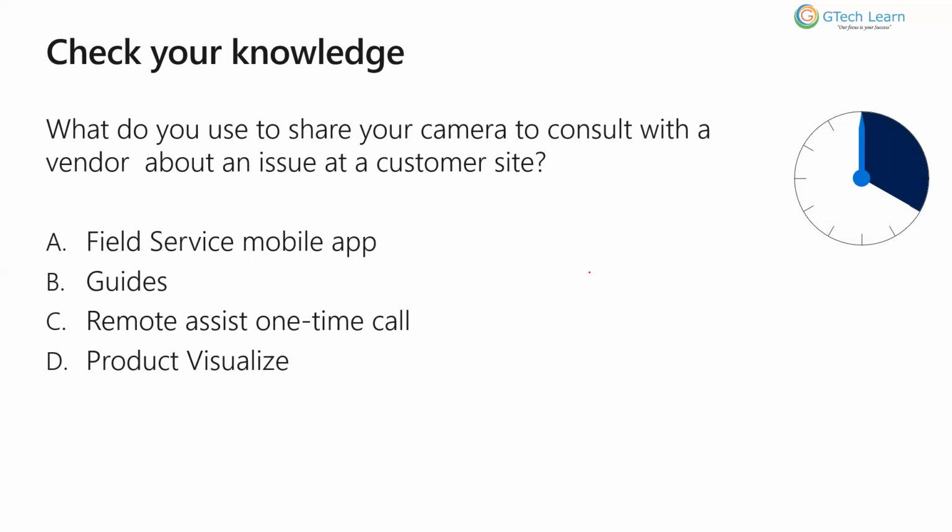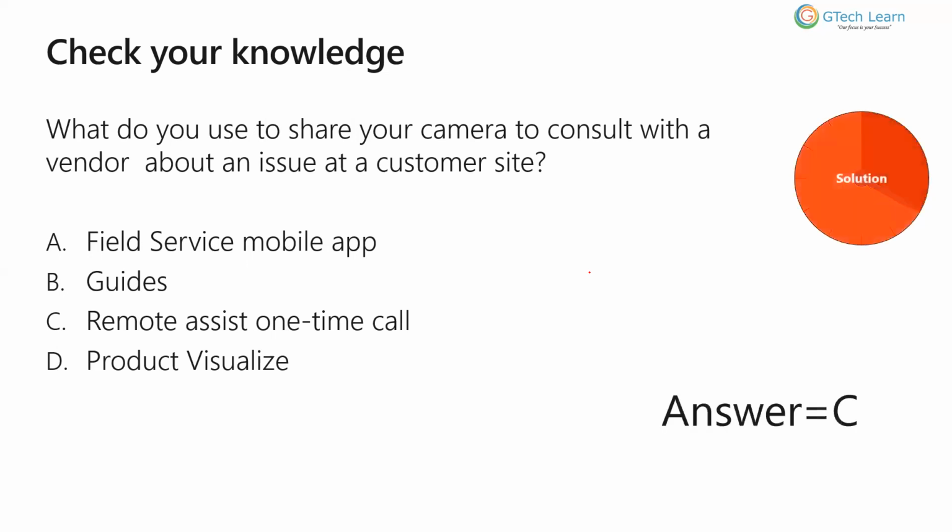Let's have your answers on the chat and let me start my timer now. Okay, so the correct answer for that question is going to be option C, remote assist one-time call.